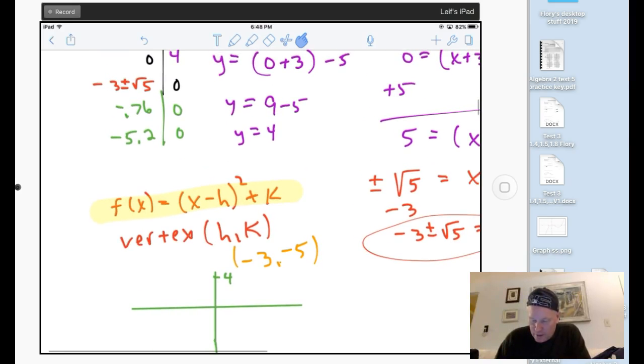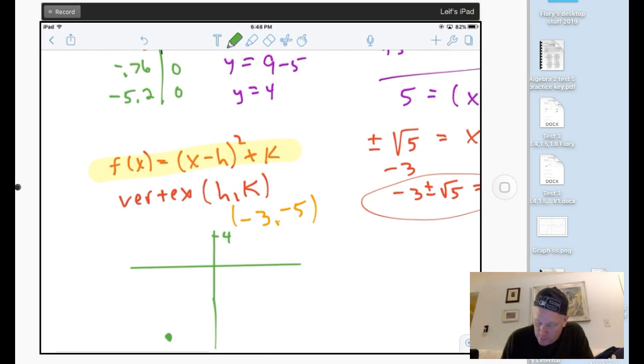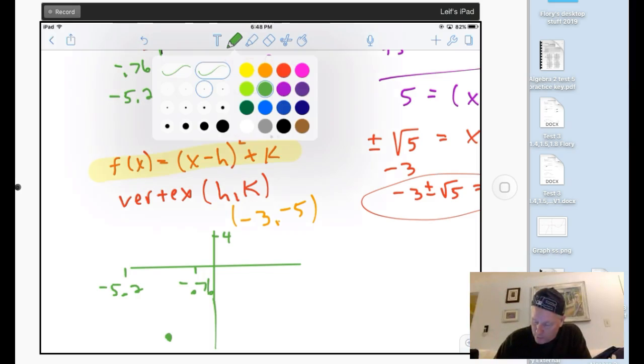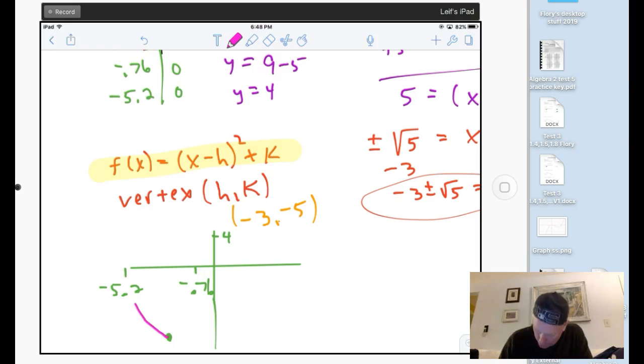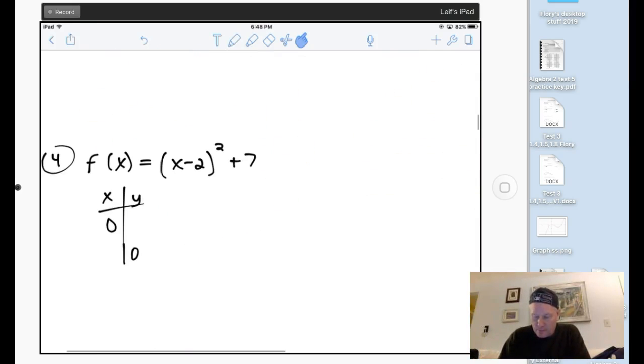And it's crossing the x-axis at -5.2 and over here at -0.76. Okay, so I'm going to put my parabola in there now. So it should go like this, and go up here and hit there. Okay, and there's your quick graph. All right, next one.